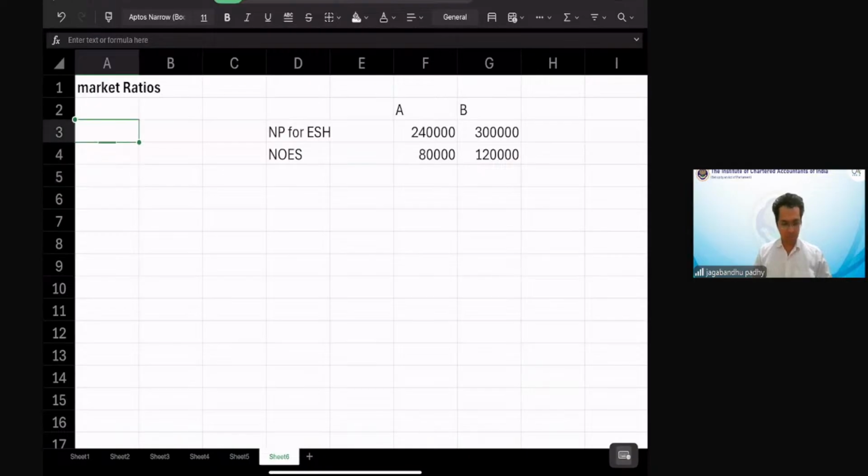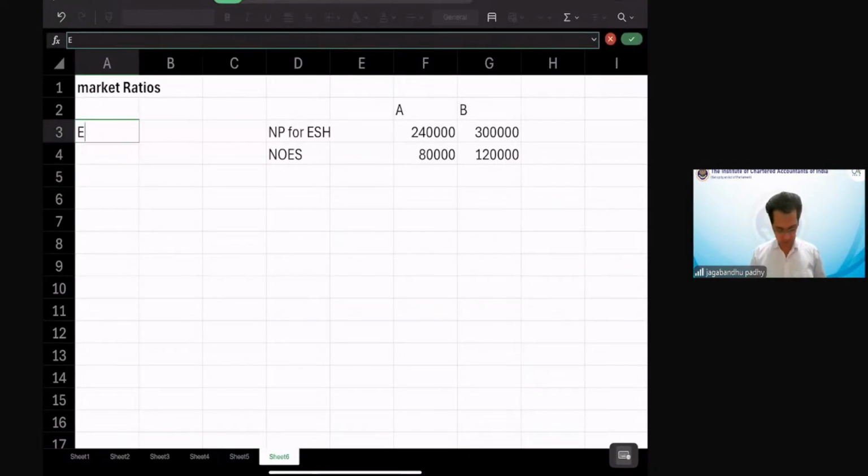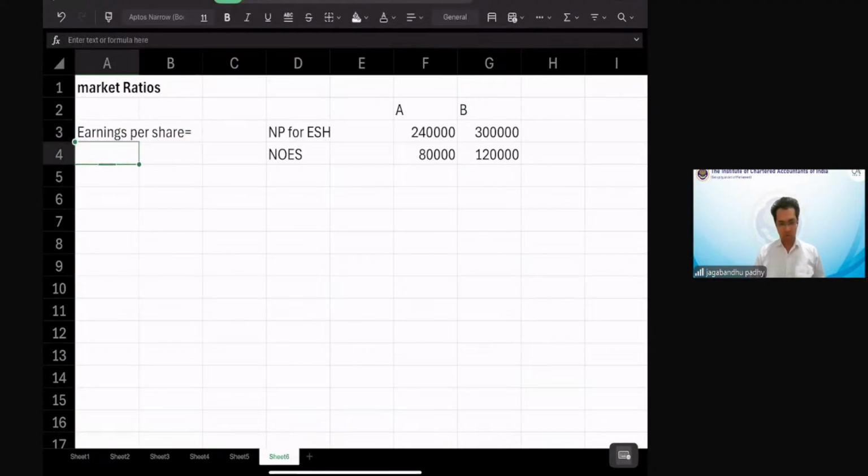If I ask you, what is the earnings per share? How do we compute the earnings per share?